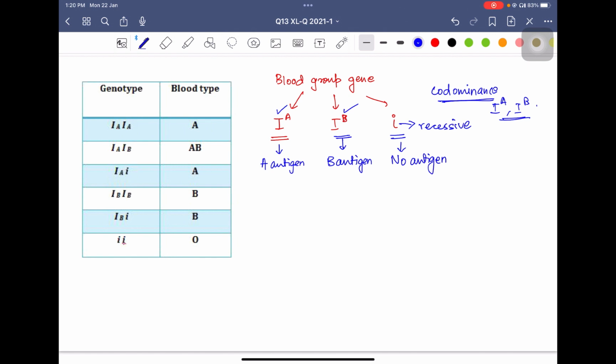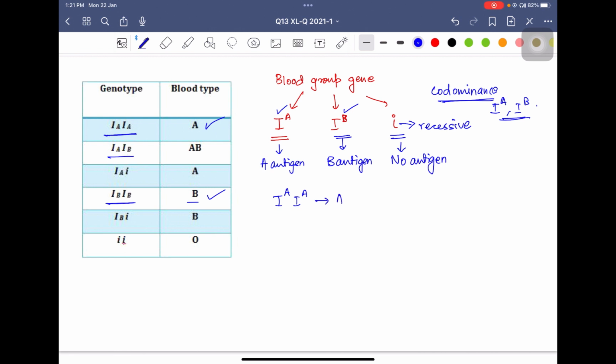Because we know that we are diploid organisms, we will have only two alleles present in the two homologous chromosomes, right? So when both the alleles are IA, the blood group will be A, because the person will only produce surface antigen A. When both the alleles are IB, then the person will only produce B antigen, so the blood group will be B.